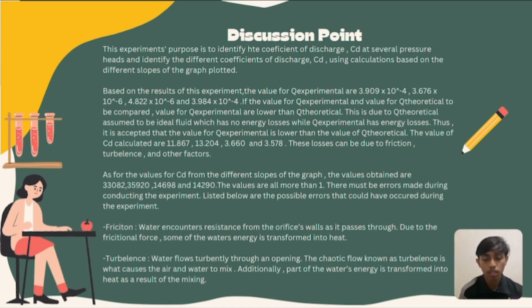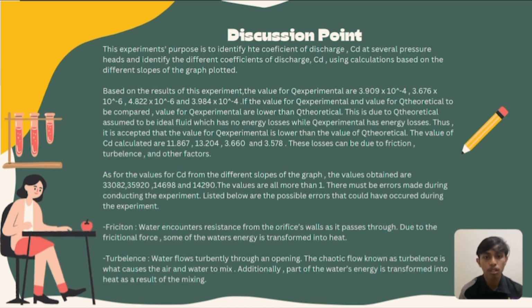For the discussion, identify the different coefficients of discharge Cd using calculations based on the different slopes of the graph plotted. Based on the results of this experiment, the values for Q experimental are 3.909 × 10^-4, 3.676 × 10^-6, 4.822 × 10^-6, and 3.984 × 10^-4.